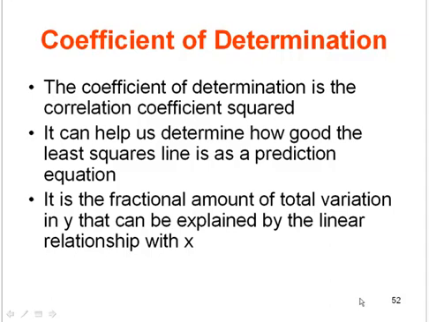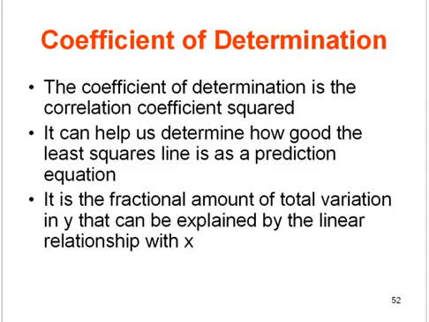As you may recall, the correlation coefficient measures the strength of a linear relationship between two quantitative variables. The closer it is to either plus or minus 1, the better the least squares regression line will be at making predictions.